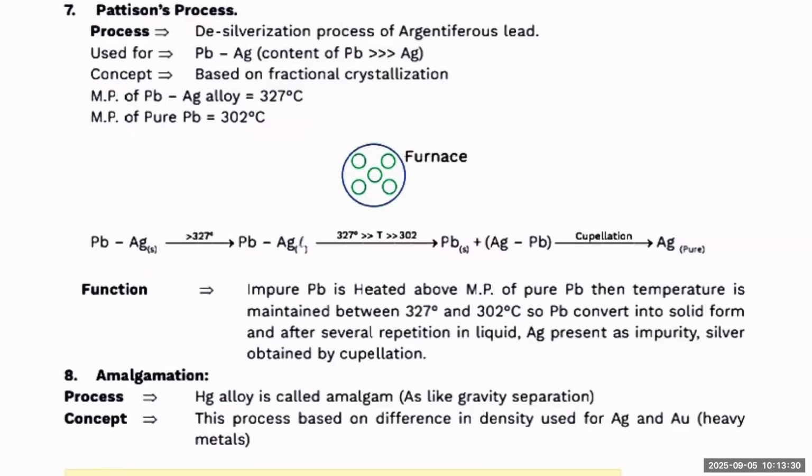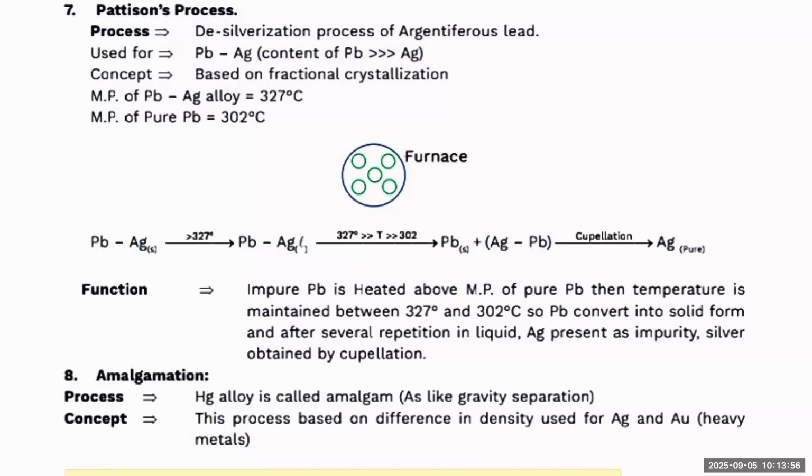Once you get this liquid form, now you try to put it in between the temperatures 327 to 302. Then what happens? Lead will start converting into solid form, and silver and lead will remain in the liquid form.